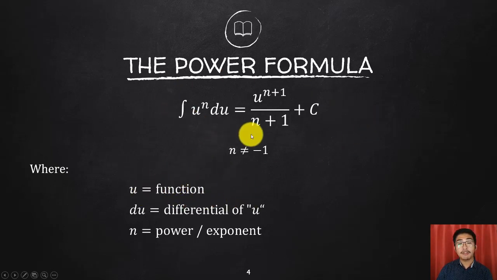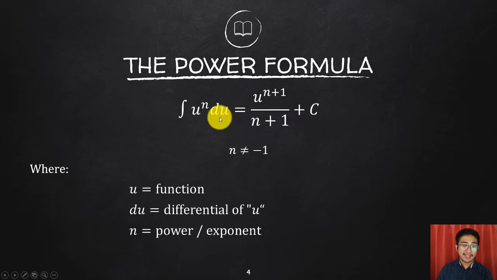Take note that this is a formula. This formula will give you already the answer to your integration problem. However, in order for you to use this formula, in order for you to go from left to right to the final answer, these components must first be well defined and present. If they are not, then this formula cannot be used.